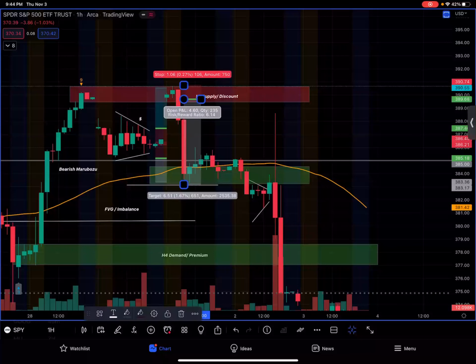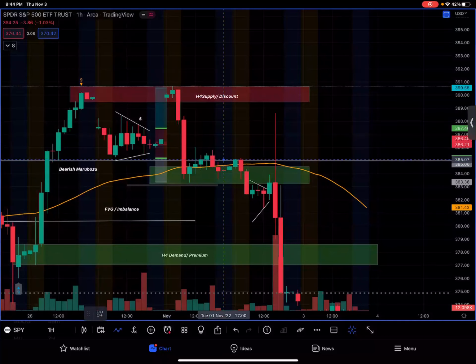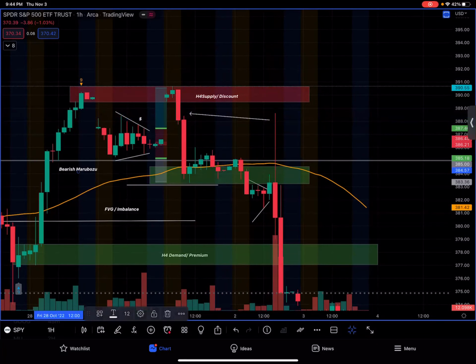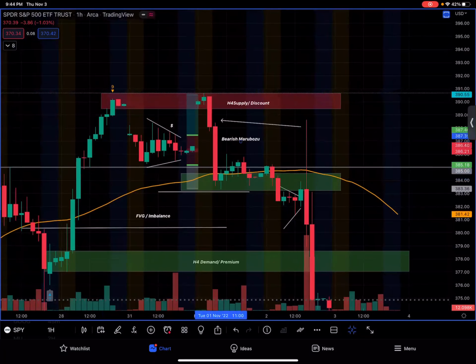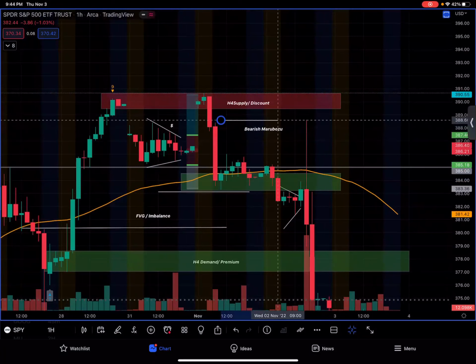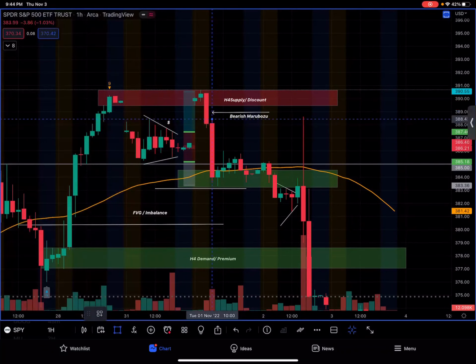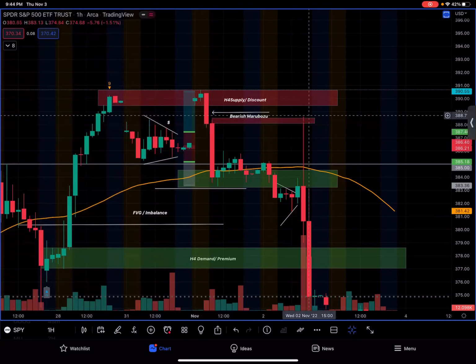But now what we can see is that this Marubozu candlestick, which is indicating strong volume to the downside, has left behind a hidden supply zone or some inefficiency that price later came back to mitigate during the FOMC meeting.